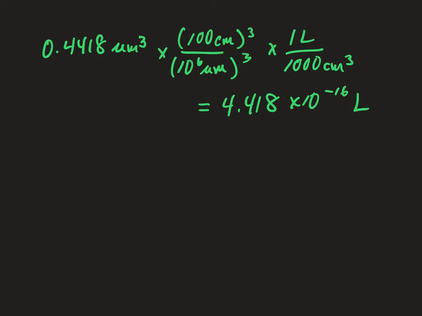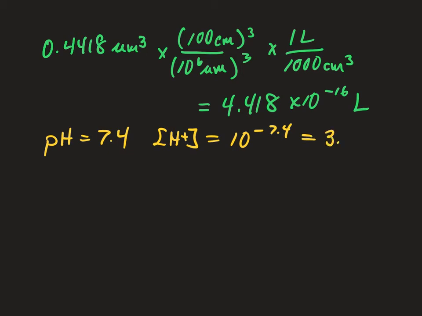Now, this is the calculation we did when I was in graduate school. So if we take an average physiological pH of 7.4, that means the concentration of hydrogen ions is 10 to the minus 7.4, which is about 3.98 times 10 to the minus 8th molar, hydrogen ions per liter.